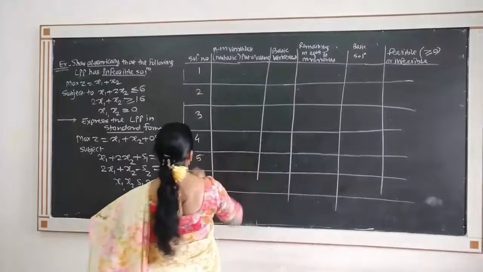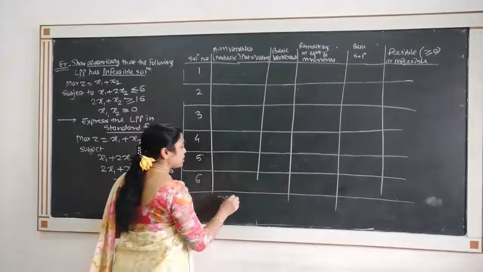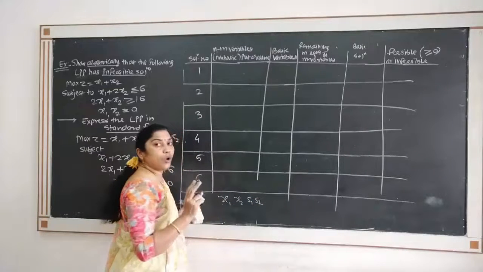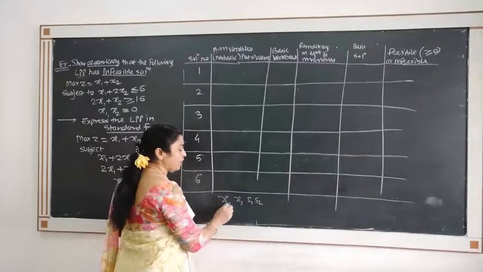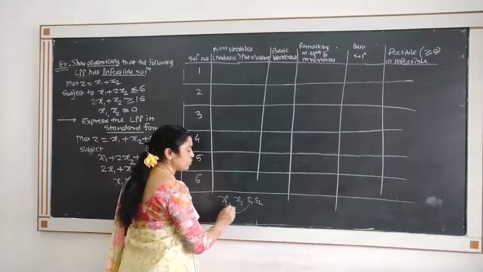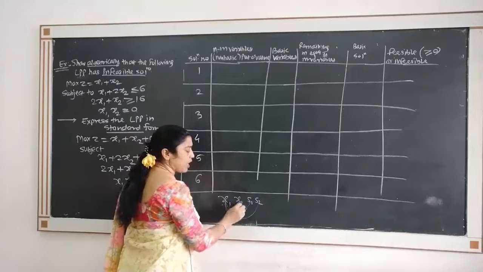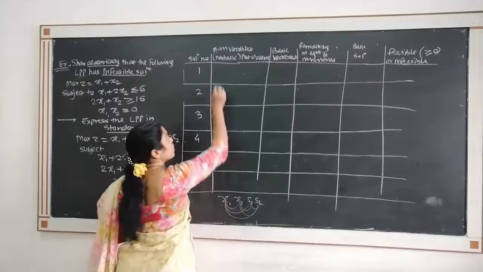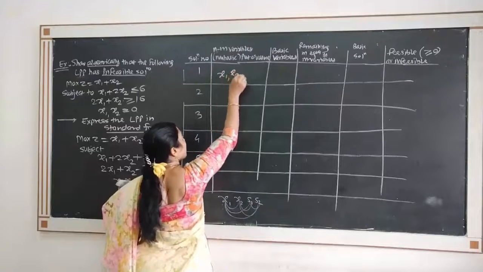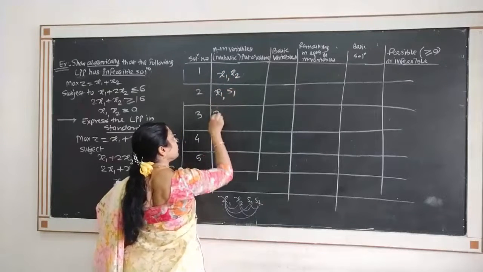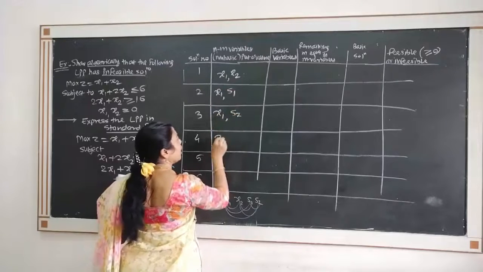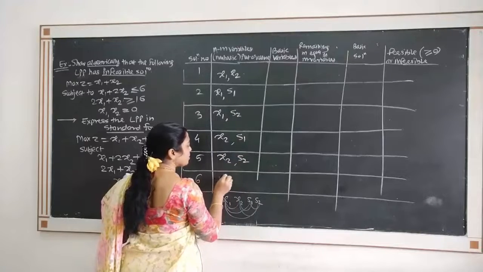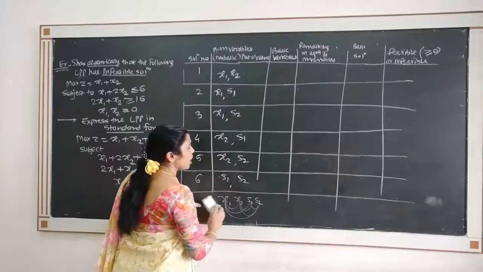So consider the first. We have 4 variables x1, x2, s1, s2, and we are substituting 2 variables equal to 0: either x1 x2, x1 s1, x1 s2, then x2 s1, x2 s2, and lastly s1 s2.